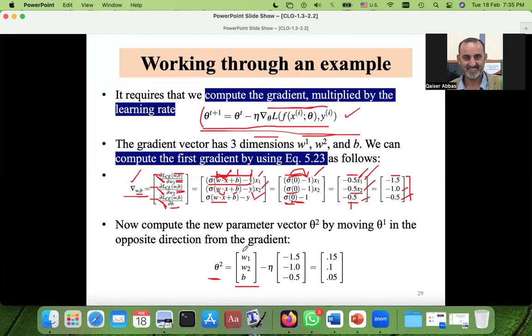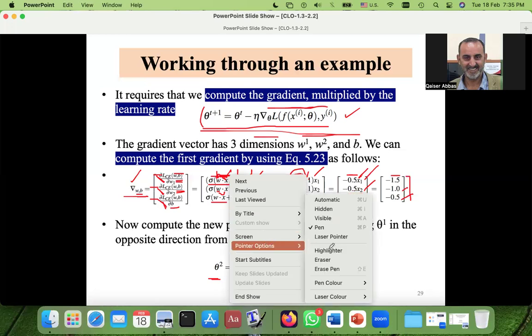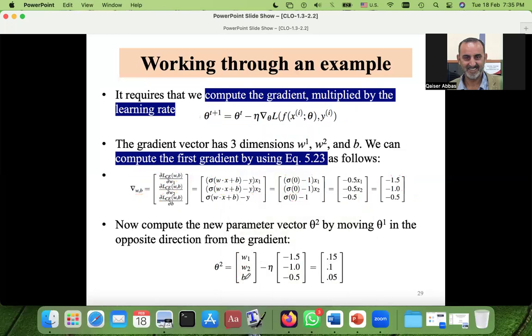So theta square, and here I am writing W1, W2, B for understanding only, and then minus eta, we are using this equation. And these values that you have calculated, write them here.